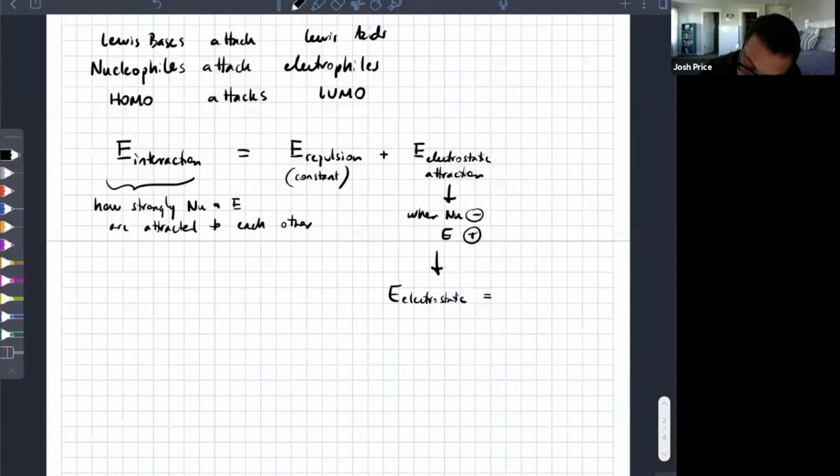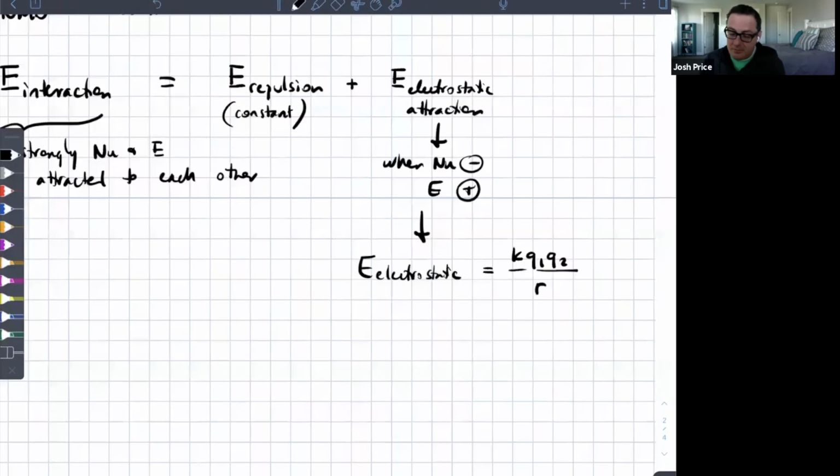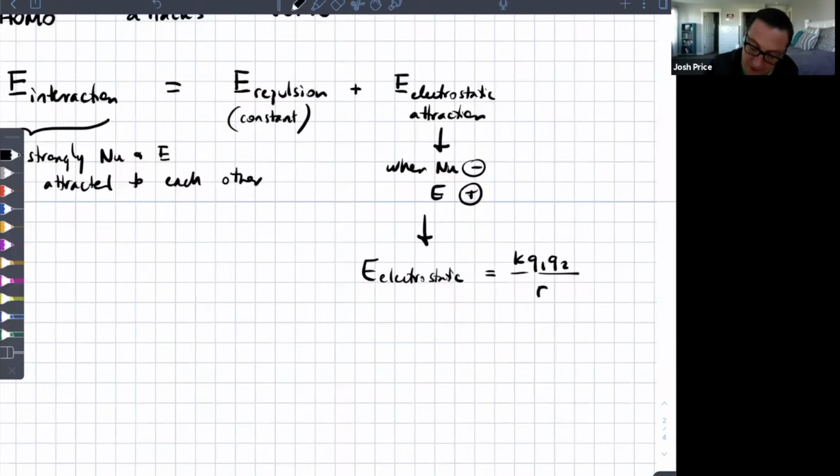So that's K, some constant times the charge on atom 1 times the charge on atom 2 over the distance between the two. And this electrostatic attraction basically treats the nucleophile and the electrophile as point charges.